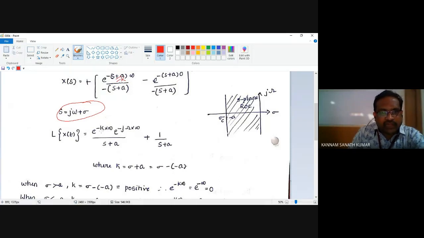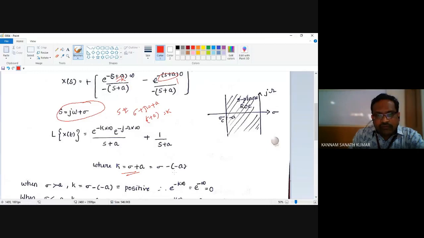So you are getting e power minus k into infinity, into e power minus j omega into infinity, divided by s plus a. Here sigma plus a, I considered as k. Anyway, this value e power 0 equals 1, so this value is 1 by s plus a, where k equal to sigma plus a.